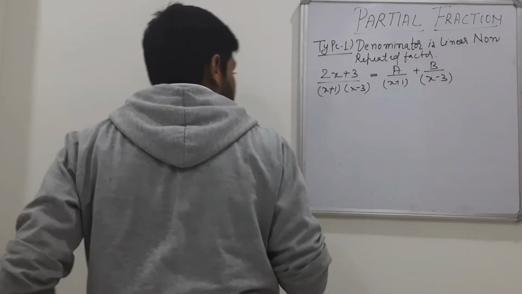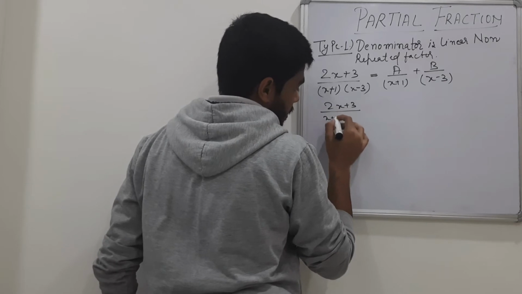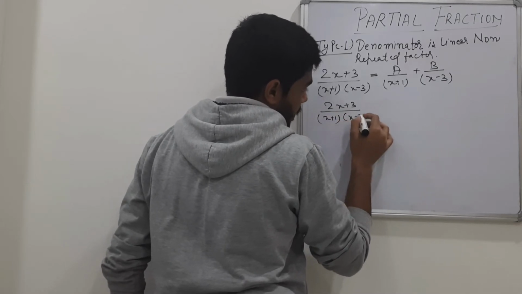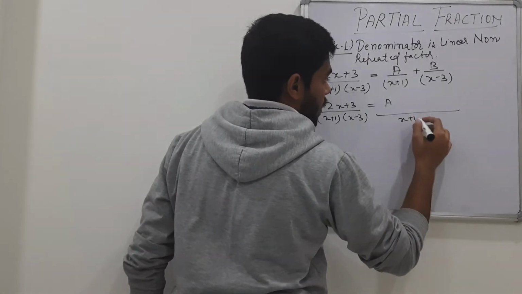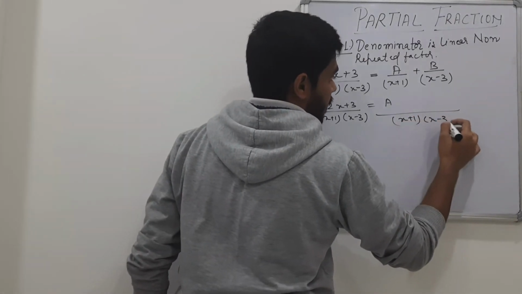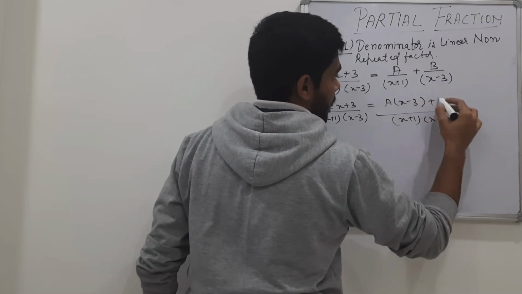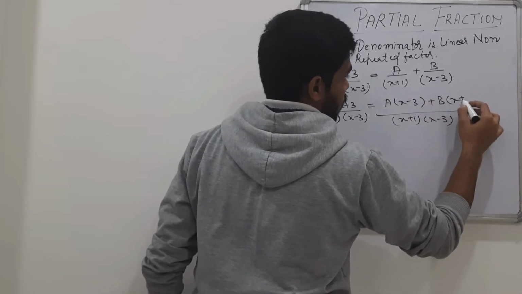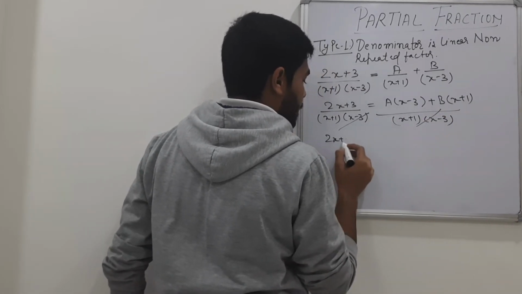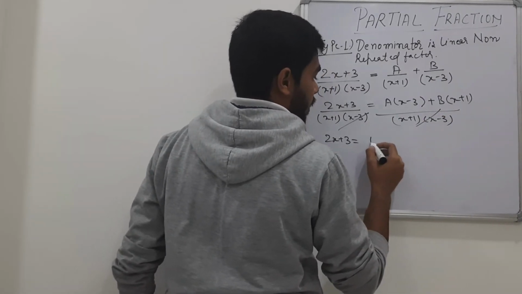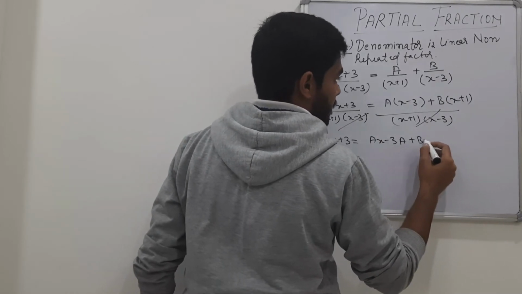On the left hand side we will write this only, x plus 1 x minus 3, and on the right we will take the LCM as x plus 1 x minus 3, giving A times x minus 3 plus B times x plus 1. Now this and this will be cancelled.